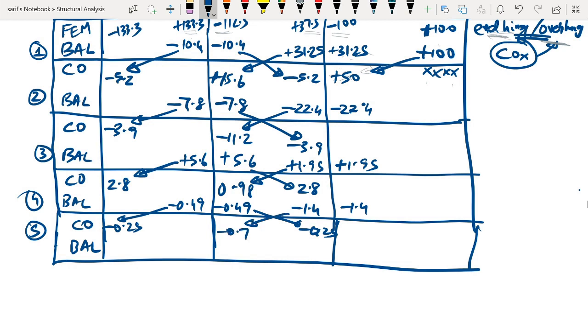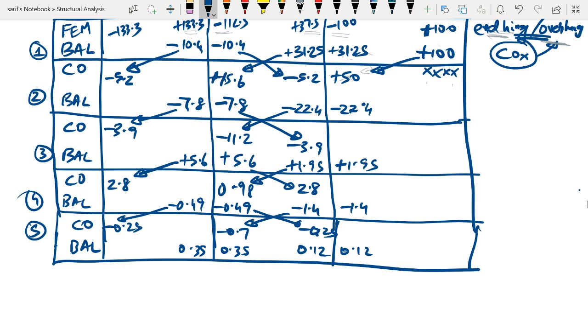So if we try to distribute it, this is going to be plus 3.5 plus 3.5, and this value would be 0.12 and 0.12.